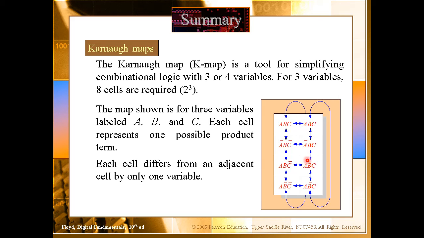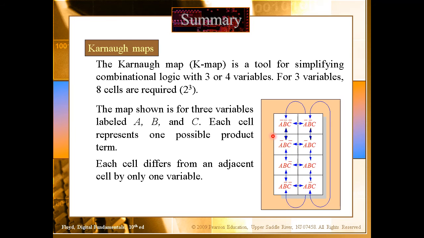For example, I can write ABC, I can write A prime BC, I can write A B prime C, I can write ABC prime, I can write A prime B prime C prime. There will be at max 8 combinations. There is no way you can write more than 8. These are all those 8 combinations.